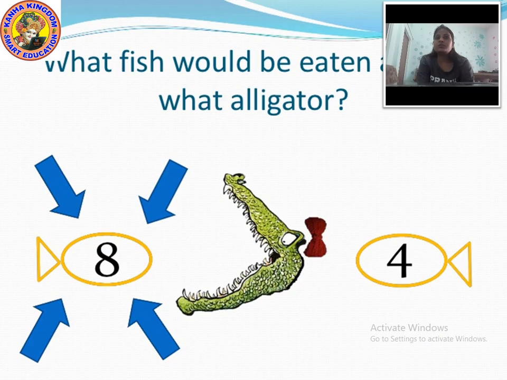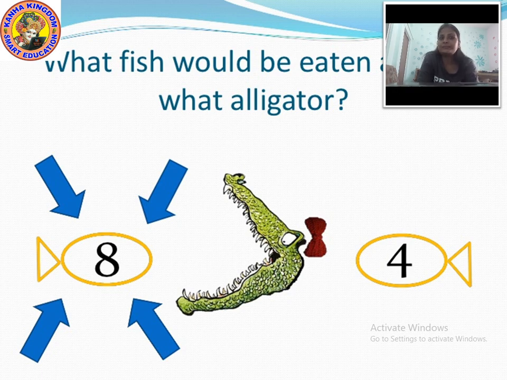What fish would be eaten by what alligator? There are two numbers, 8 and 4. Which alligator is eating which number?